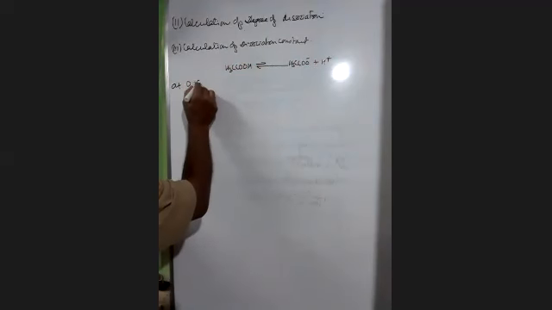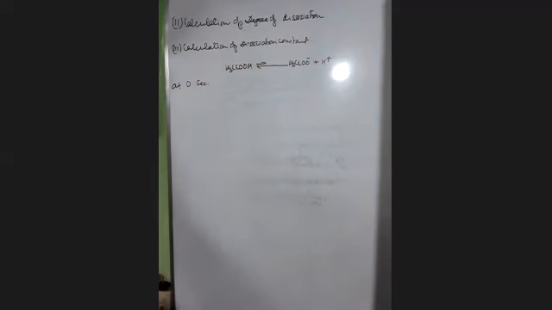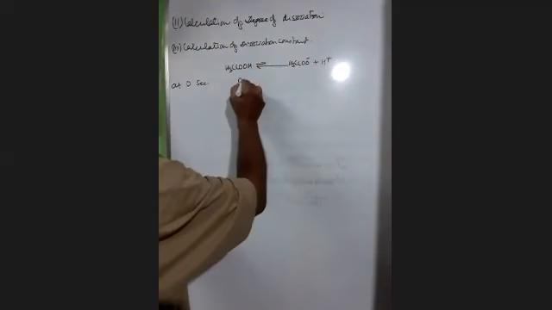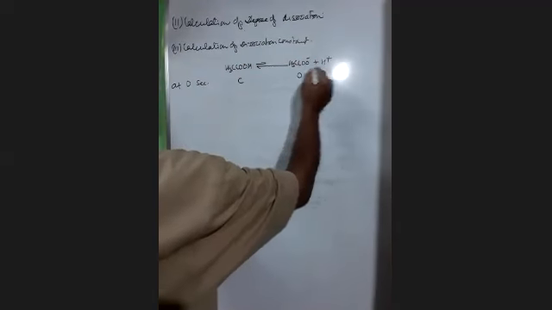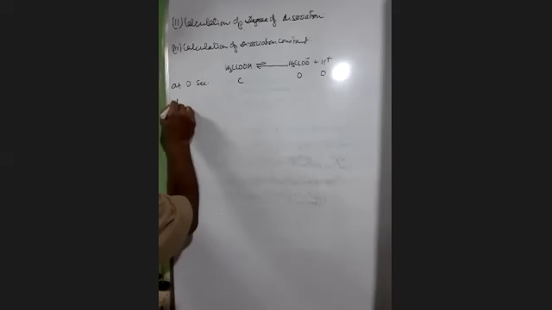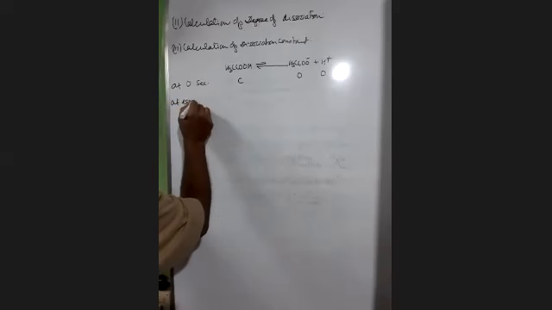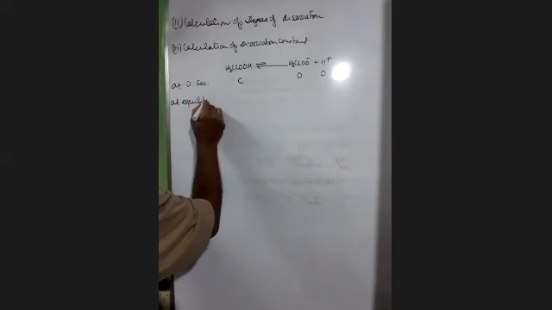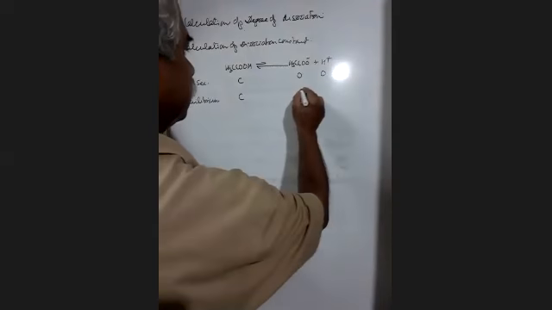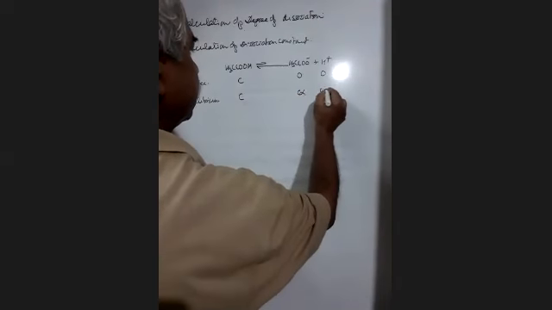At 0 seconds, the moment you start, the concentration is C. This is 0, this is 0, because it takes some time to break them. Now at equilibrium, when dissociation has come to a stop, if alpha is the degree of dissociation, it will be C alpha and C alpha.